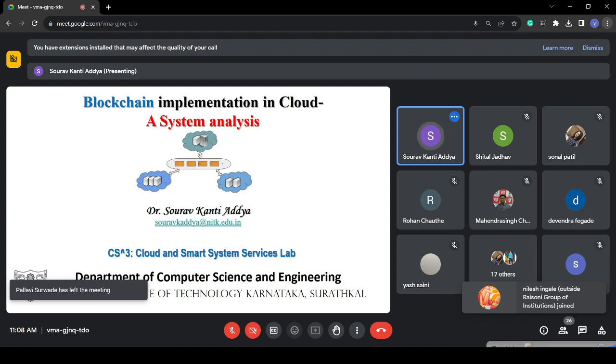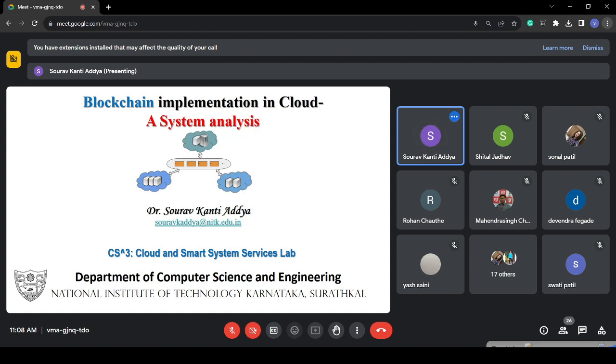If you have any kind of questions, at the end also you can ask. As she mentioned, I am from the National Institute of Technology, Karnataka, Surathkal. I am heading one lab called the Cloud and Smart System Services Lab.